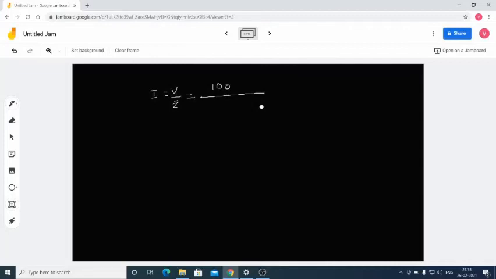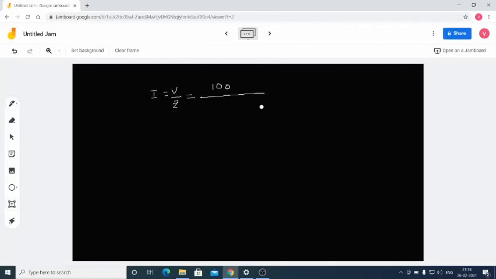I am subtracting the real parts and the imaginary parts separately. The real part is 3 minus 8, which is minus 5, and the imaginary part is j5 plus j6, which is addition, j11.